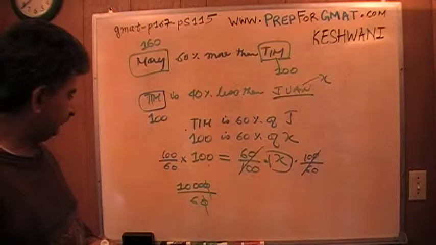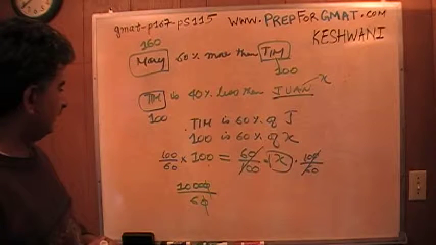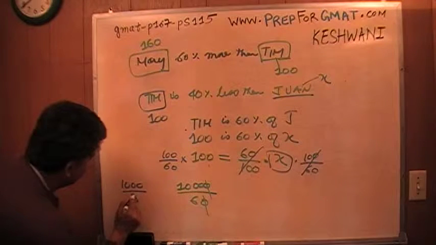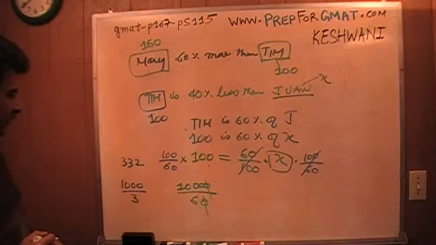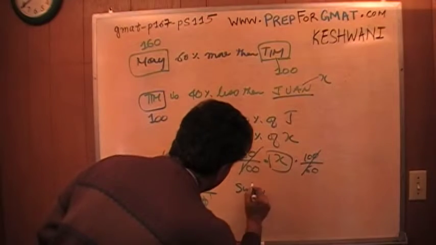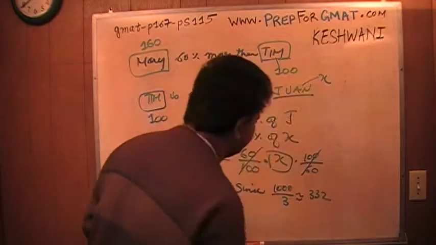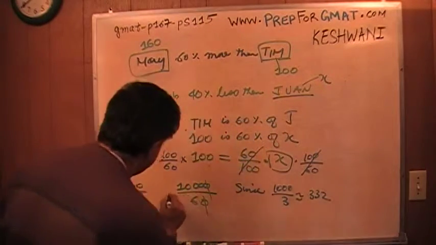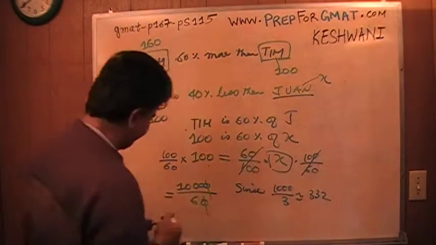I know that 1,000 over 3 is 333, which I'm going to round to 332. Therefore, since 1,000 over 3 is approximately 332, 1,000 over 6 must be half of that.